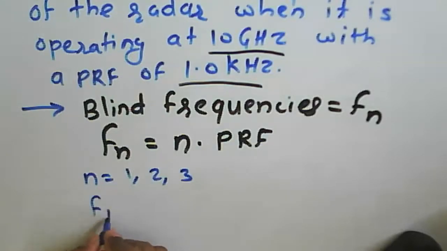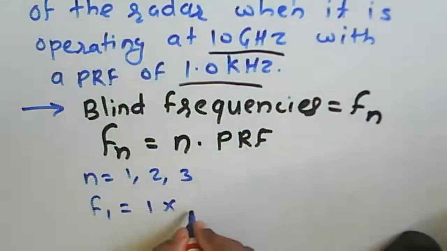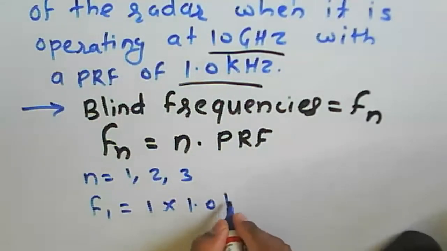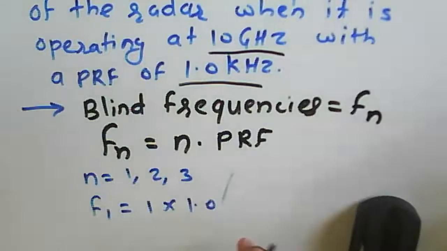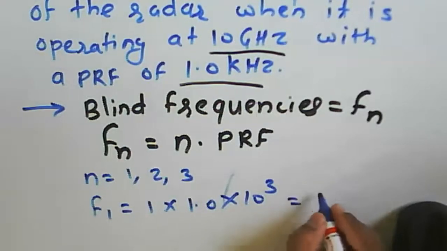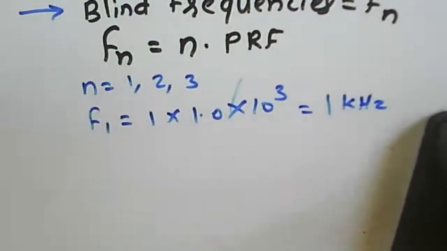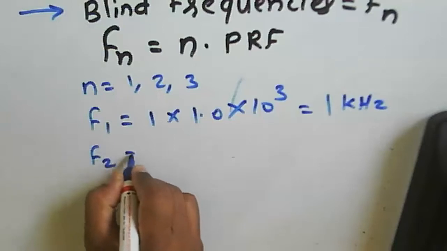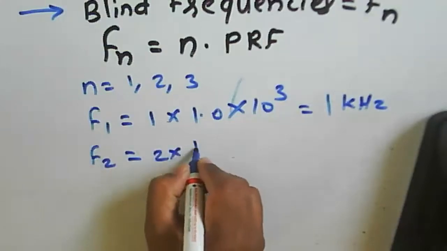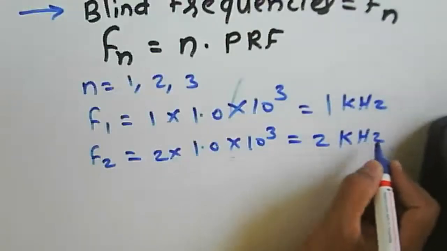So we can find f1 is equal to 1 into PRF. PRF is equal to 1.0 into 10 to the power 3, so we get 1 kilohertz. Similarly, f2 is equal to 2 into 1.0 into 10 to the power 3, which is 2 kilohertz.